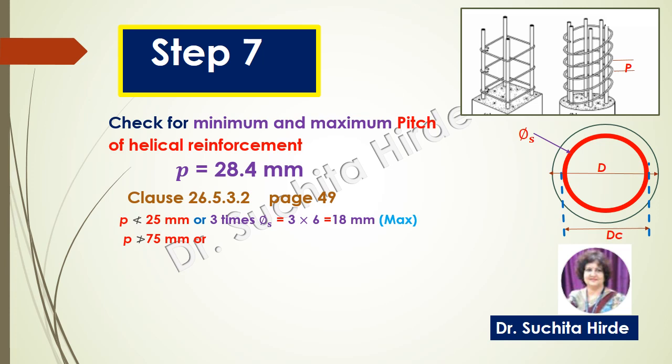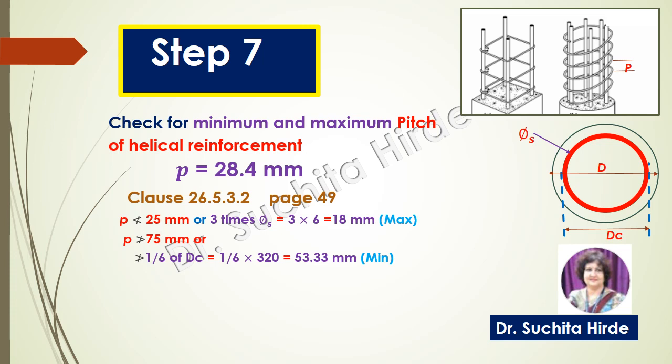Next condition is pitch should not be more than 75 millimeter or 1/6 of diameter of core, whichever is minimum. So 75 millimeter or 1/6 of 320, which is 53.33, whichever is minimum means 53.33.